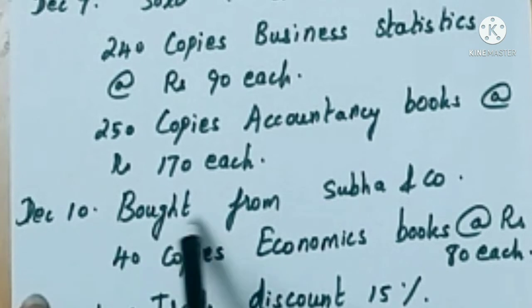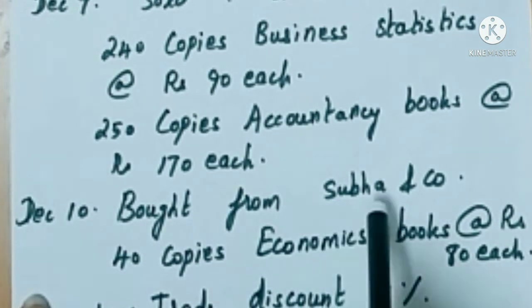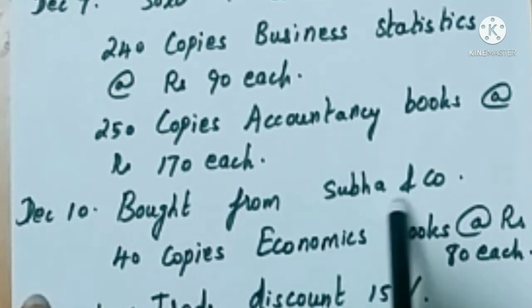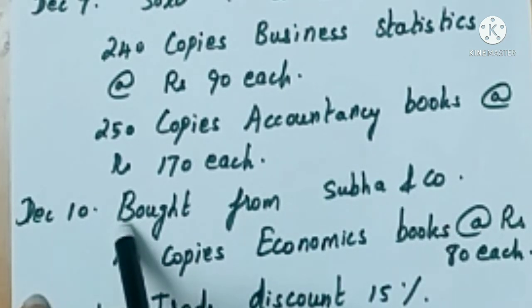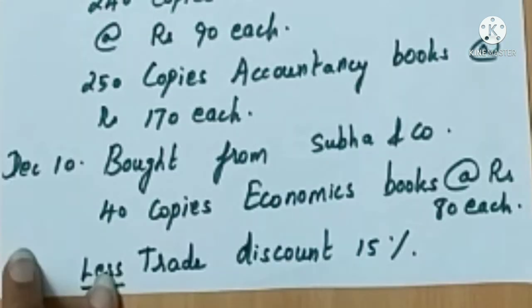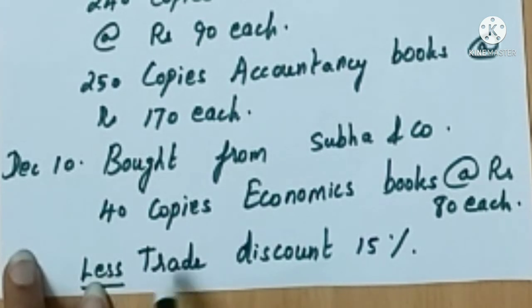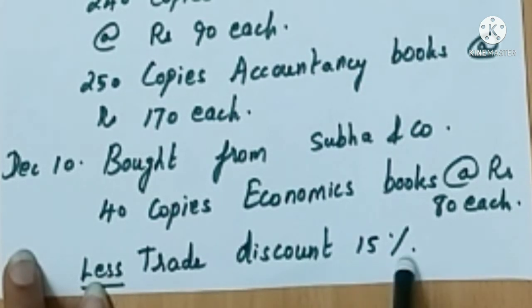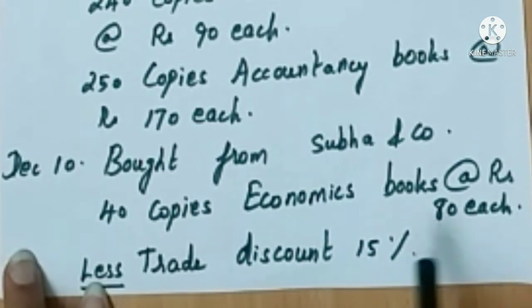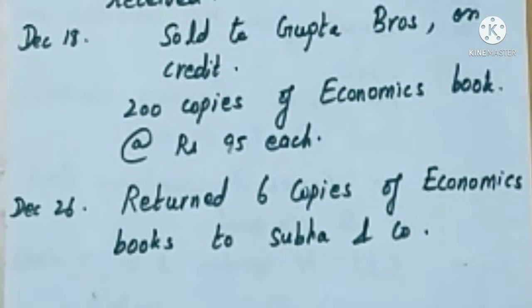The goods which we have purchased from Subha and Co. on December 10 are returned. Trade discount is allowed for the purchases we made. Again, the goods are returned to Subha and Company, that is 6 copies of economics book.